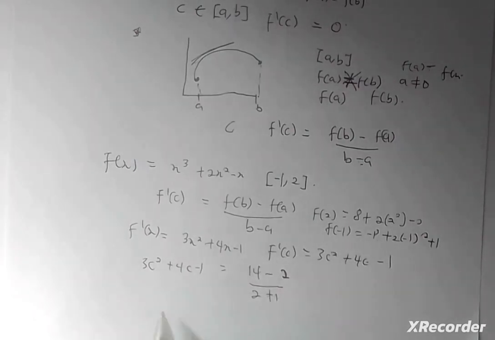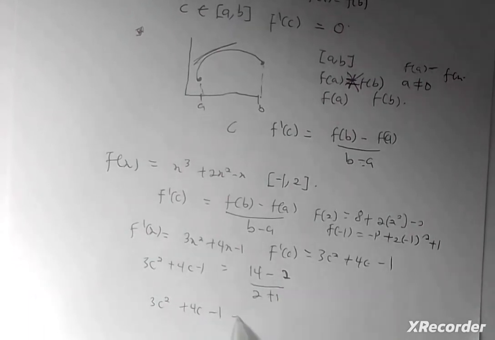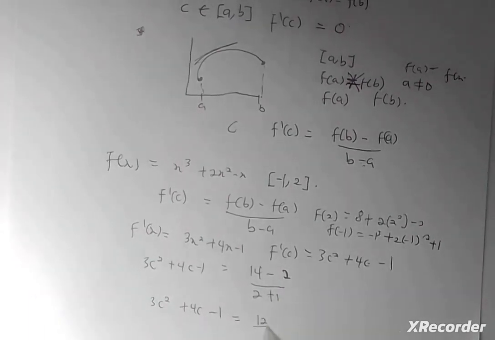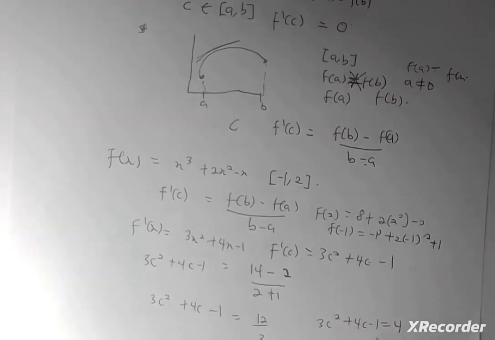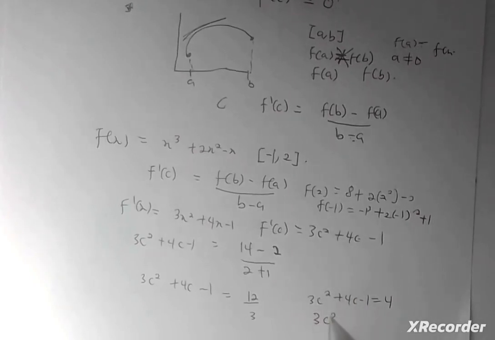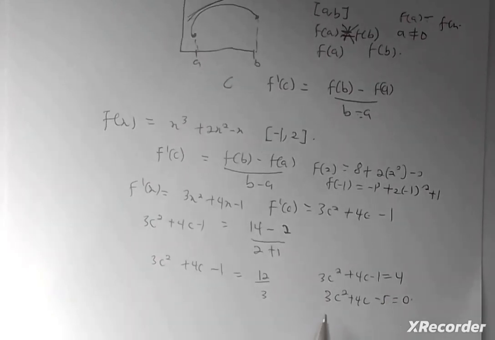So I'll get 3c squared plus 4c minus 1 is equal to 12 over 3. So 3c squared plus 4c minus 1 will be equal to 4. My 3c squared plus 4c minus 5 is equal to 0. So I need the values of c, and that will be my solution.